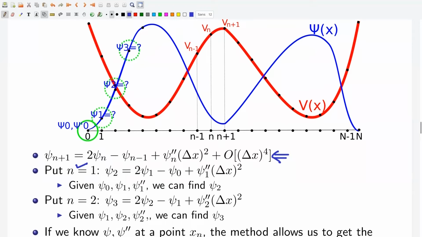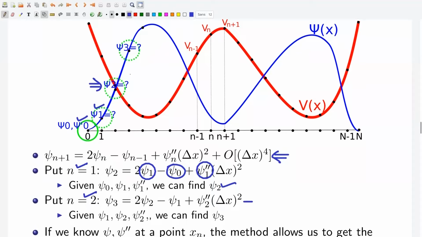So that means if someone gives me the value of psi 0, psi 1 and psi 1 2 dashed, I can find the value of psi 2. So if I know these two values, psi 0 and psi 1, I can get the value of psi 2. Similarly, you put n equal to 2, and this is the equation that you get.